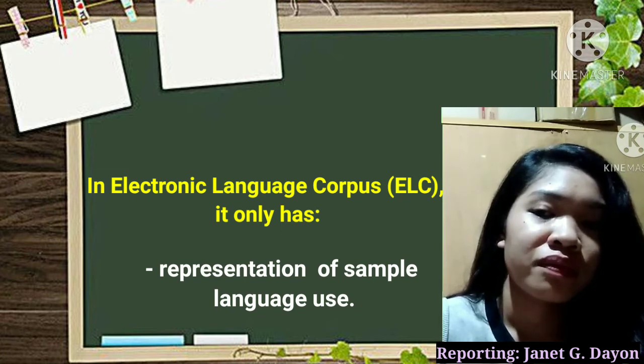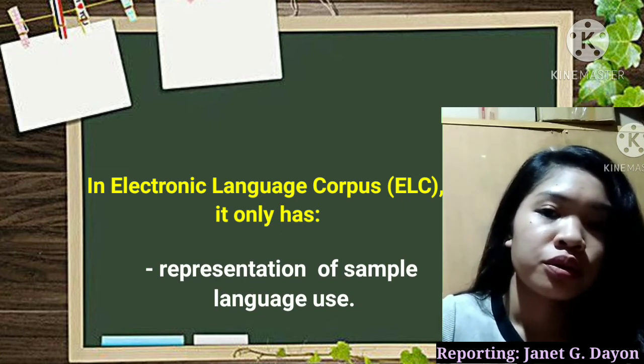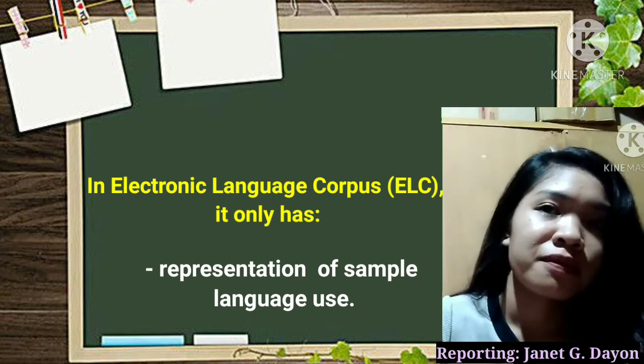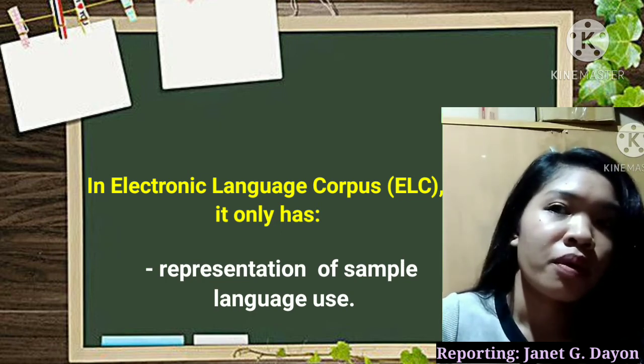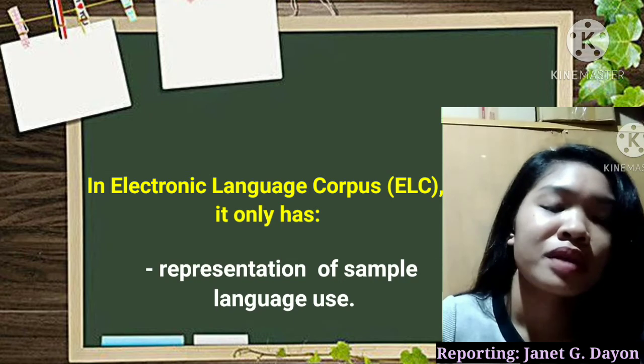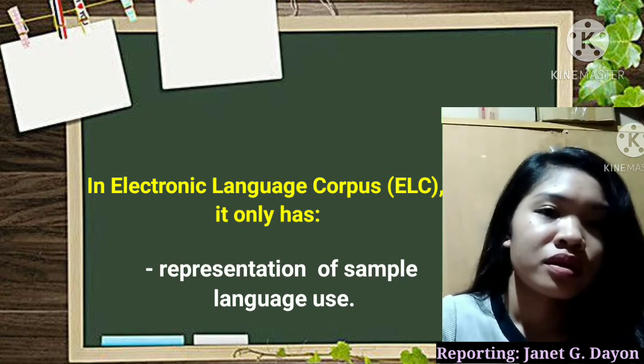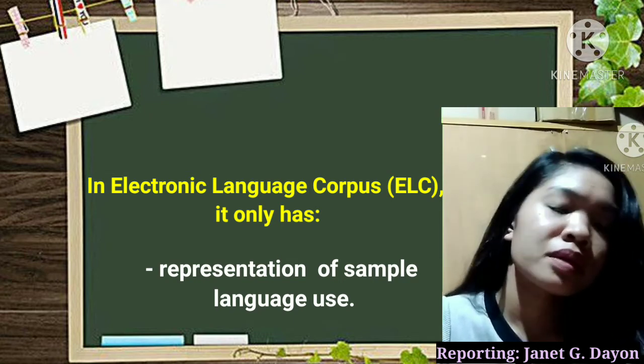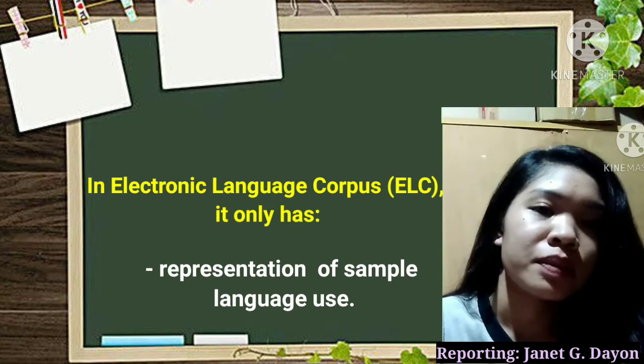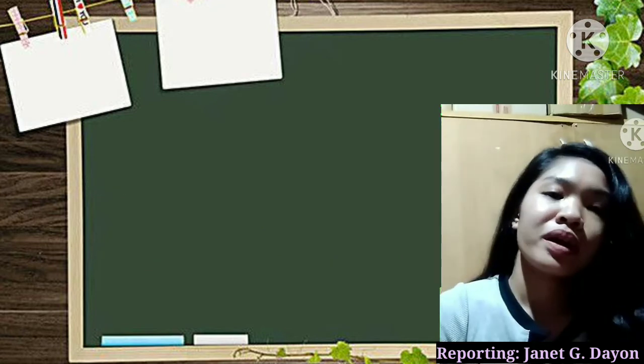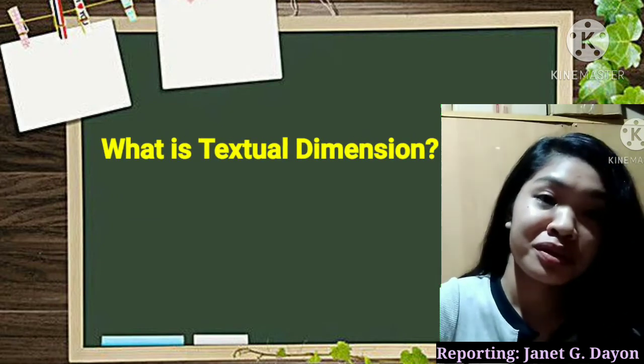And it is very hard to investigate if there are abundant words included in the corpus, and that is why there are just some chosen words that are intended for the investigation. So what are textual dimensions?